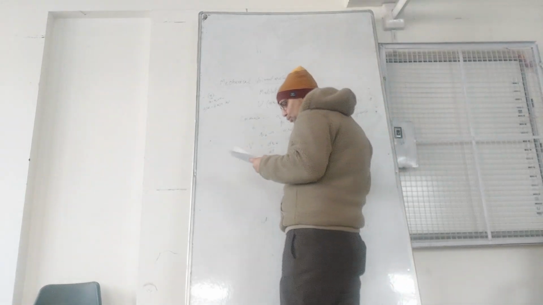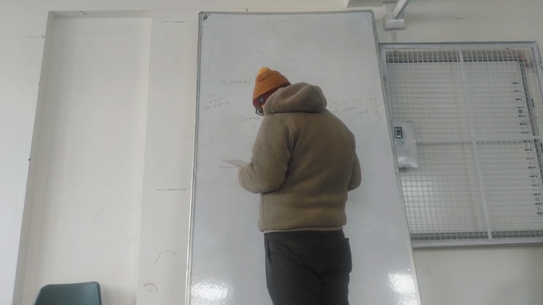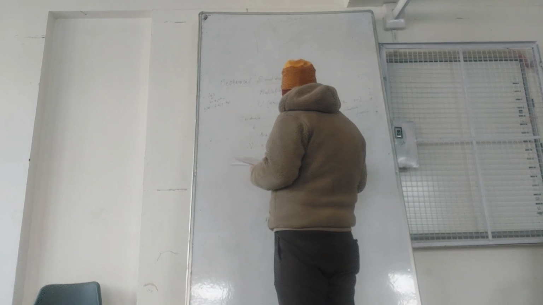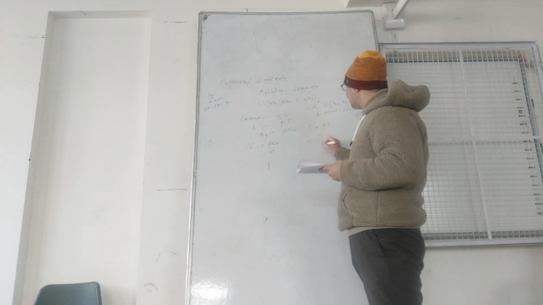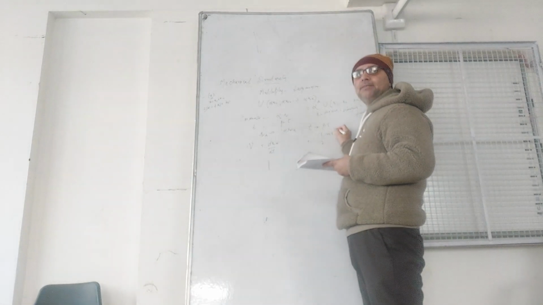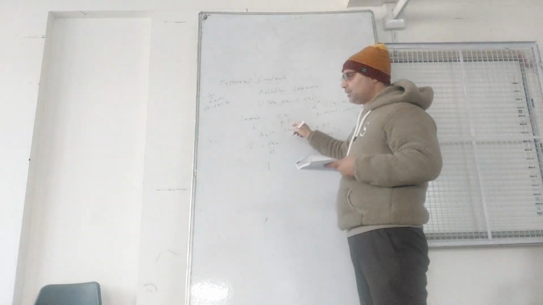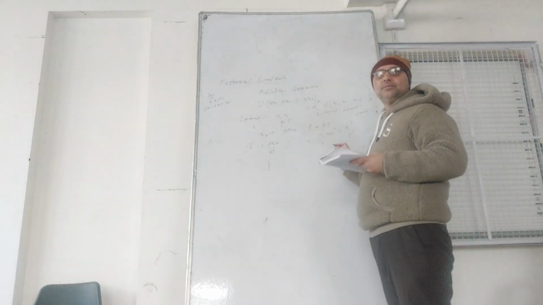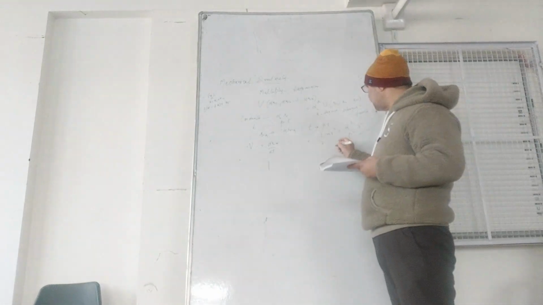If you impose it that way, then the ratio of kinetic energies will be 1 by 2 m, and the ratio of these two constants will be alpha square by beta square.